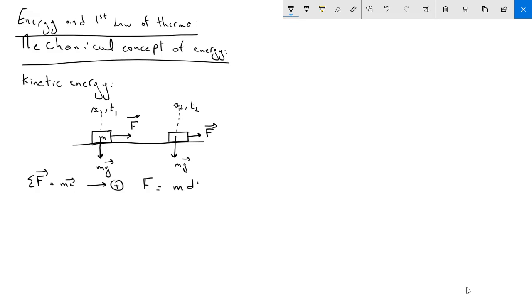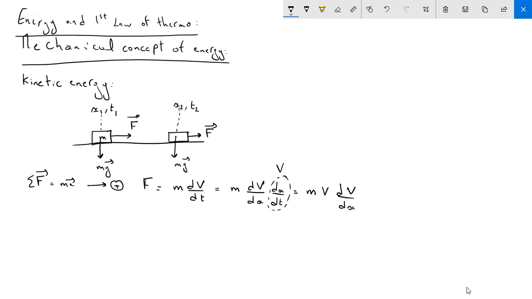So we will write the acceleration as the derivative of velocity with respect to time. If we apply the chain rule and write the derivative dv over dx times dx over dt, we will obtain this derivative of position with respect to time is v. So m v dv over dx.